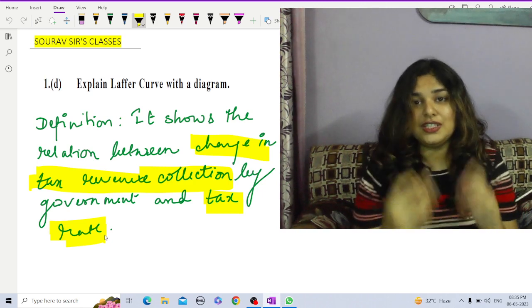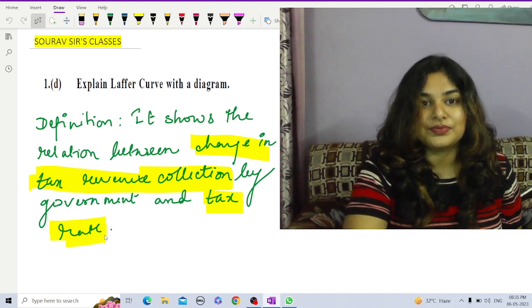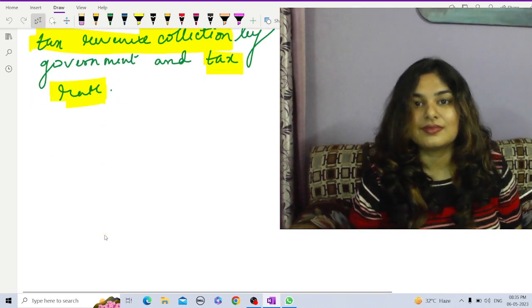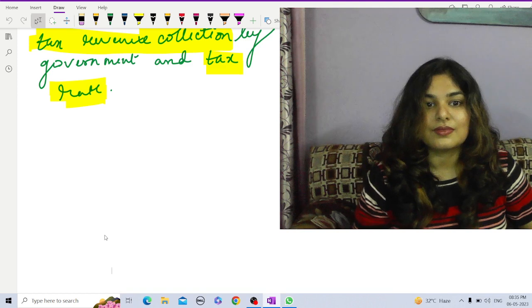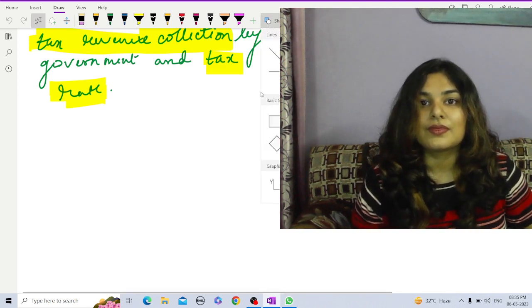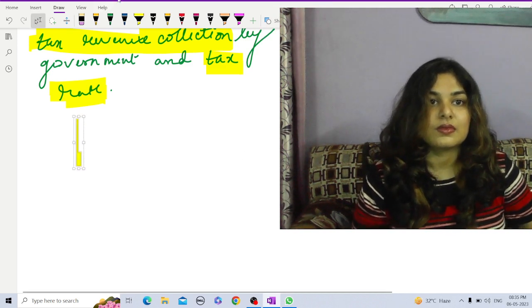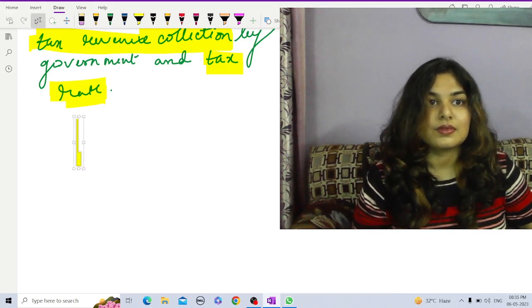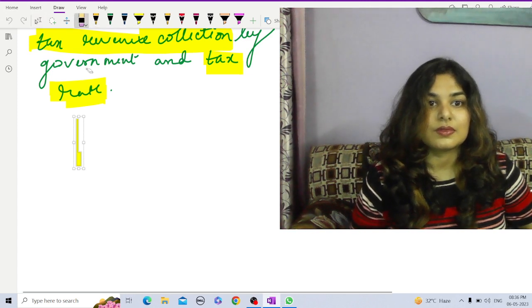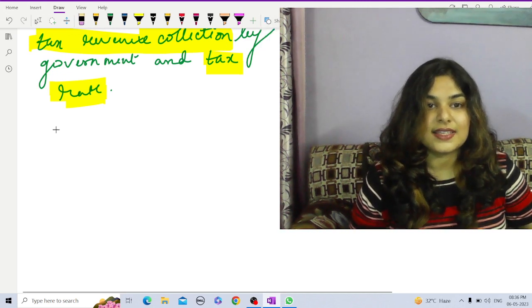So if we draw the diagram, then the Laffer curve looks like the following. Let us draw the x-axis and y-axis.